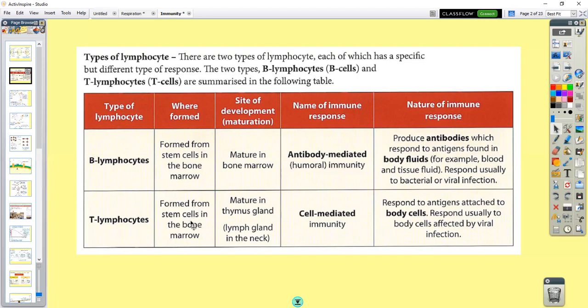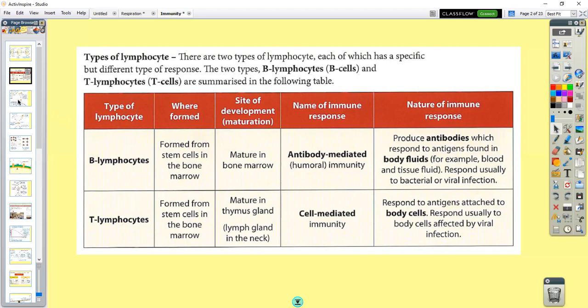Again, they're formed in the stem cells in the bone marrow. They mature in the thymus gland, which is in your neck. They're involved with cell-mediated immunity. So essentially that means that they look after antigens which are attached to or found within body cells. Okay, so viruses and things that get into the body cells.